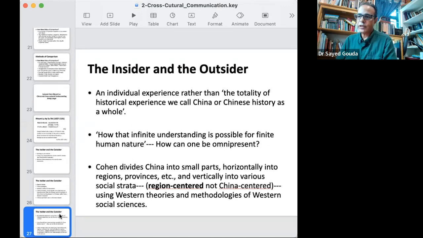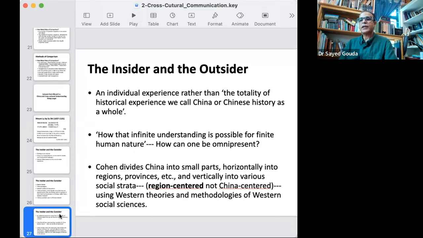It is an individual experience rather than the totality of historical experience we call China or Chinese history as a whole. Here it's very difficult to understand history as a whole. Usually when any scholar writes about history, he writes from his own point of view.